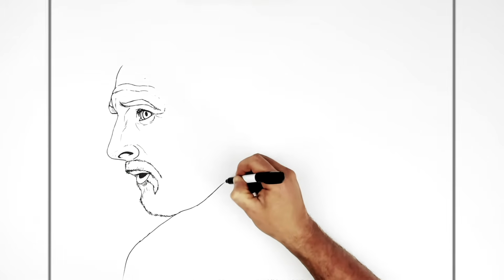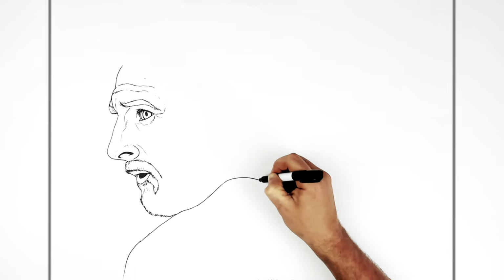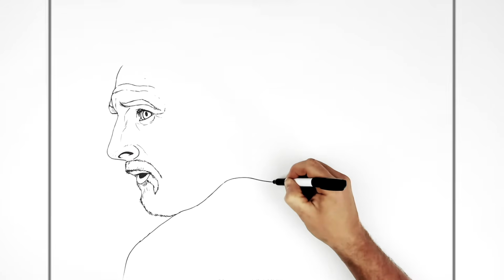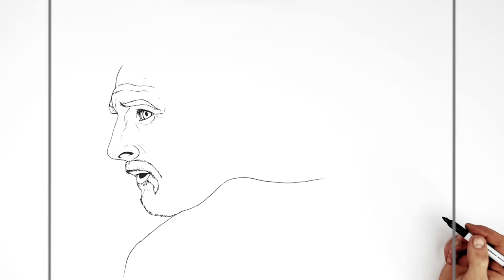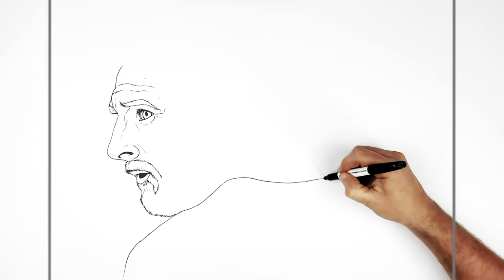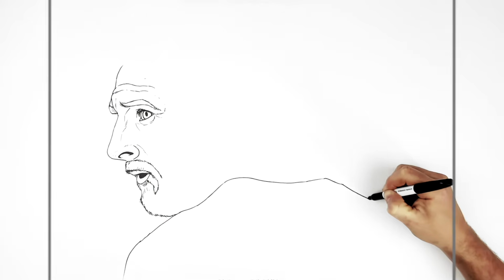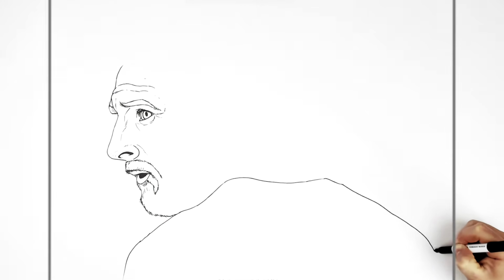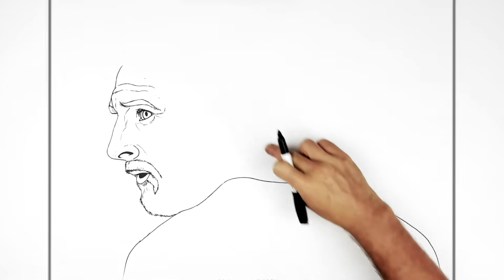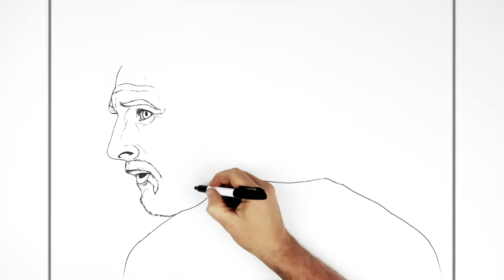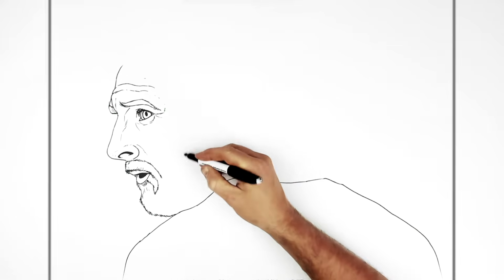We've got some bumps coming across his collar, the back of his neck, across like that. Then the rest of this just comes down this way, down for his shoulder on that side. So that's the length of his back, and his neck will come up here somewhere. But we'll just finish his jaw and his beard first.